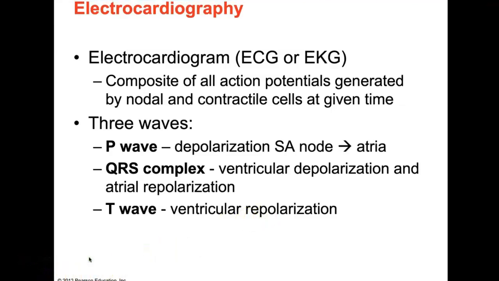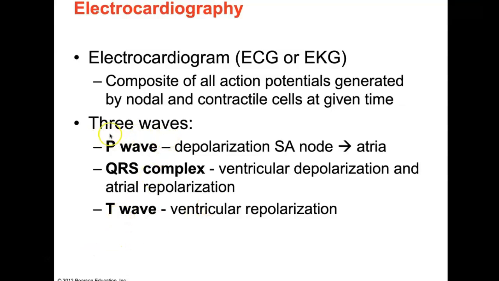So it's very important to note that the ECG is not, as sometimes we assume, a tracing of a single action potential. Rather, it's a composite of all the action potentials generated by the nodal and contractile cells.